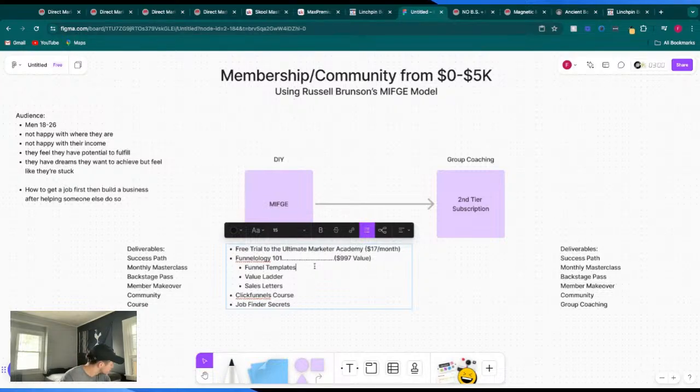Boom. Like high converting funnel templates. We just do funnel templates. This is pretty valuable because they would have to do almost no work. 2497 value.